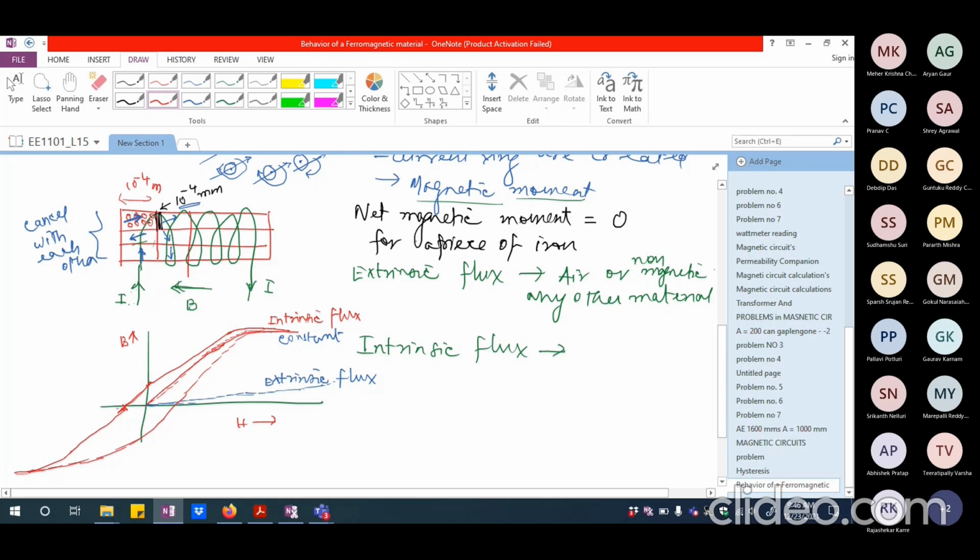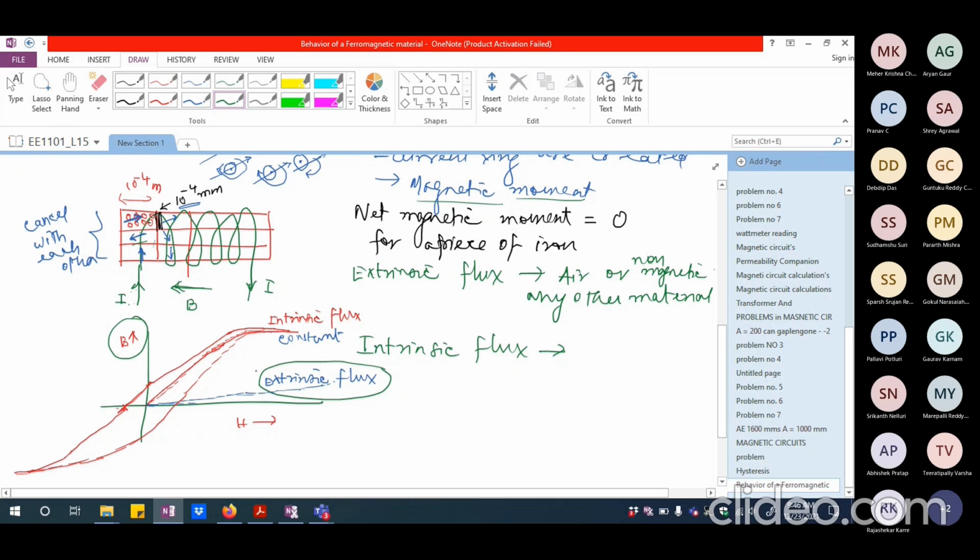That is the reason why you are going to get this kind of intrinsic flux, and that is one reason why when you put a ferromagnetic material, the amount of flux density you see will be much higher than what you see in air, which is due to extrinsic flux alone.